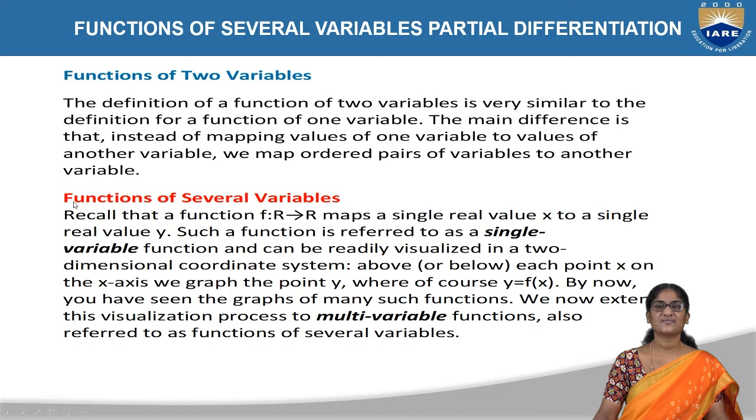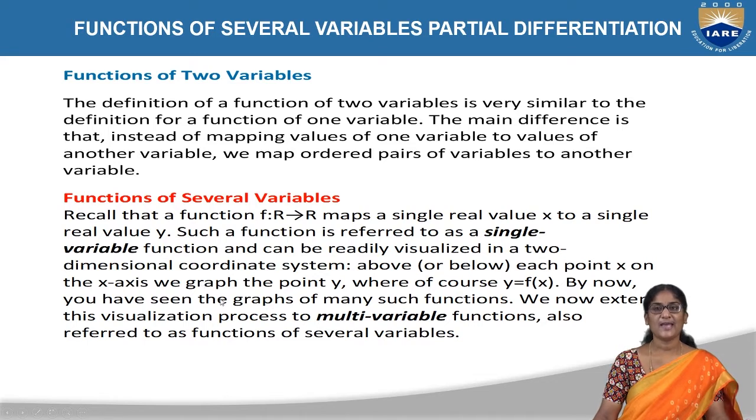And what are the functions of several variables? These are functions from real numbers to real numbers, which map a single valued x to another single valued y. Such functions are referred to as single valued functions and can be readily visualized in the two-dimensional coordinate system.